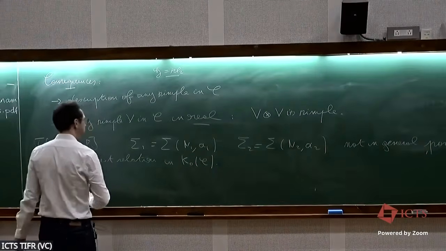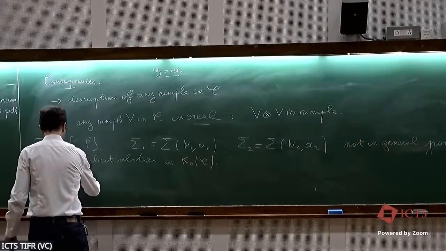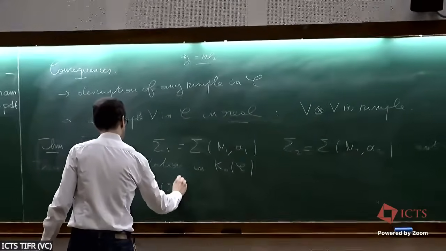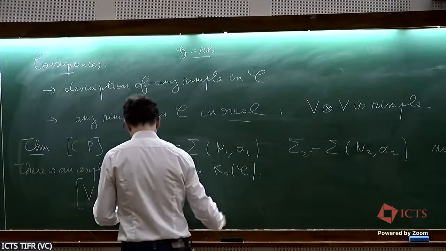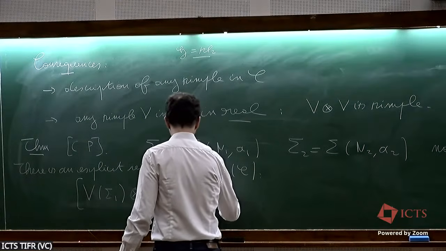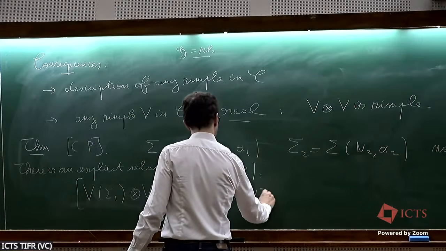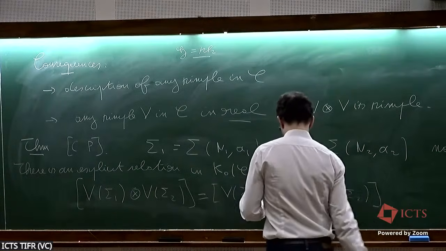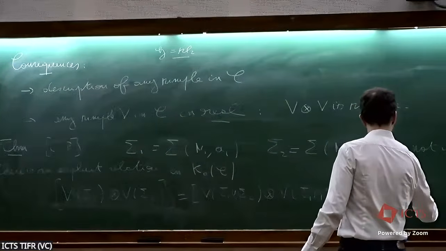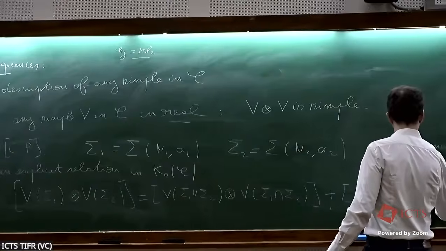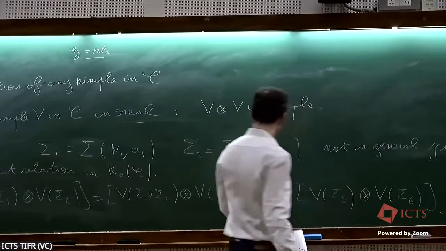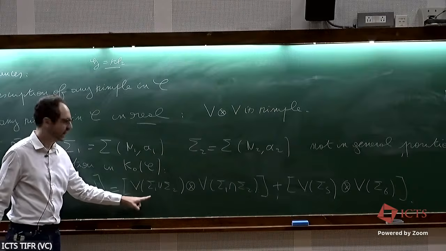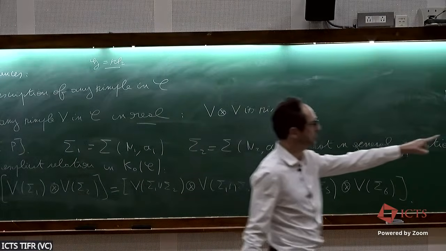Let's say, we write it like this: V sigma 1 times V sigma 2 is equal to V sigma 3 times V sigma 4 plus V sigma 5 times V sigma 6, where I denote by V of such a union of Q segments the simple module corresponding to such a decomposition.